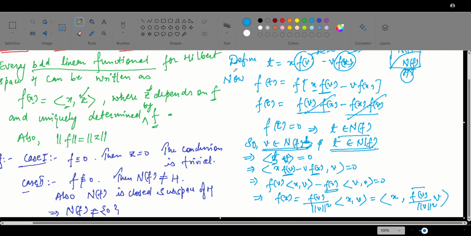Okay, so from here we can write, let z be equal to f of b bar upon norm of b square, right, into b. So this will be equal to x comma, sorry, x comma z, right.